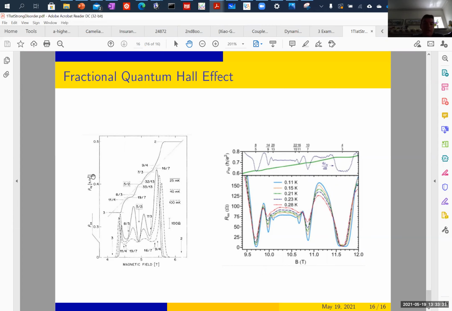We have quantized off-diagonal transport coefficients, while the direct transport coefficients go to 0, indicating insulating phases.